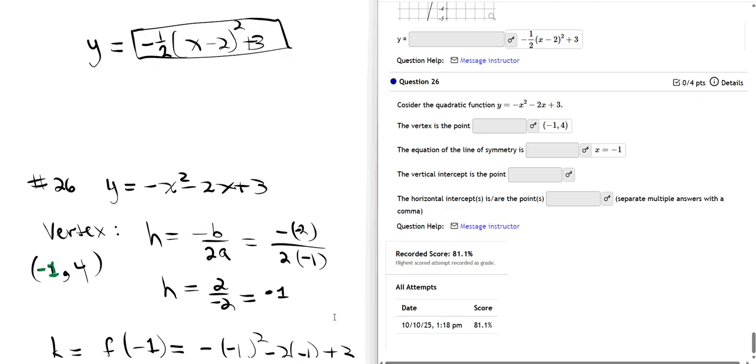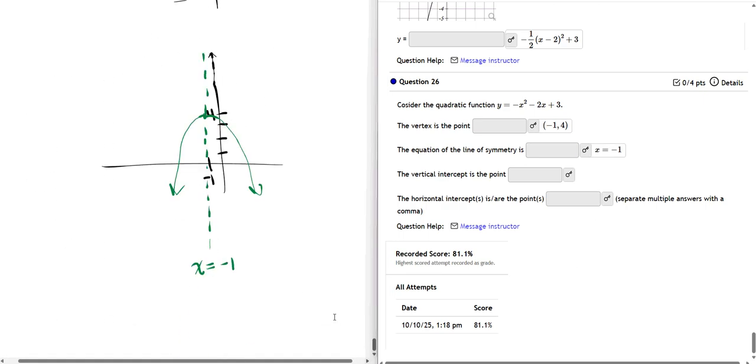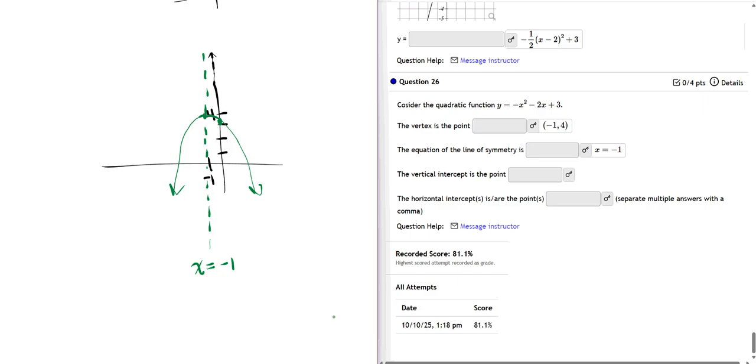Okay. Now the vertical intercept point, which we don't know. I only did a rough sketch. If I want to know exactly where this parabola is going to cross the vertical axis, then I need to know where x is 0. When x is 0, what is the y value?